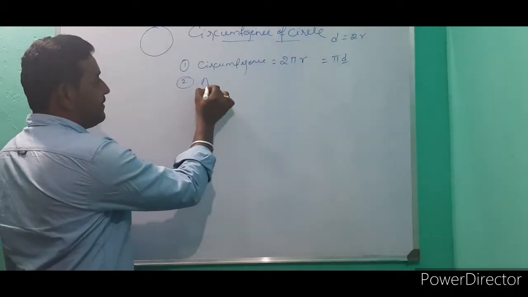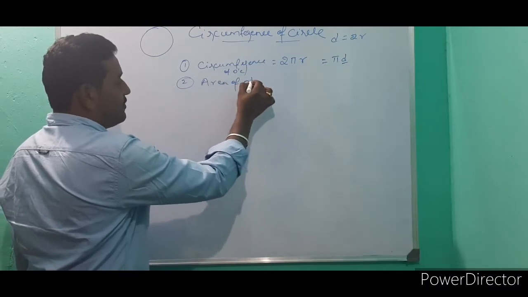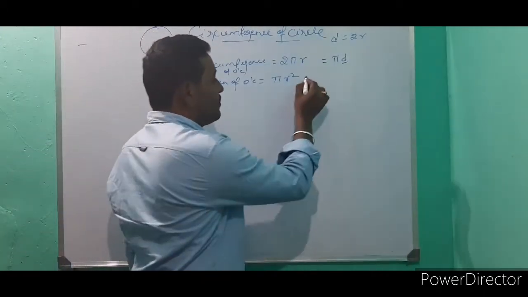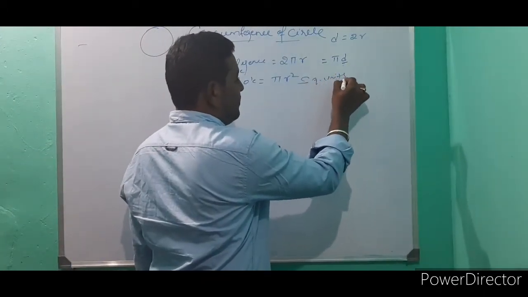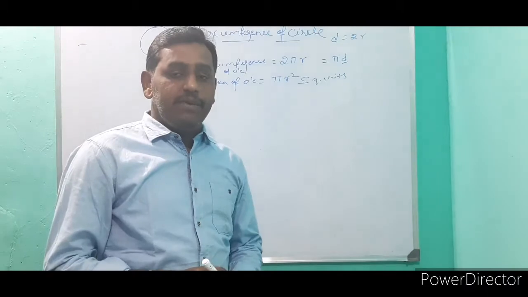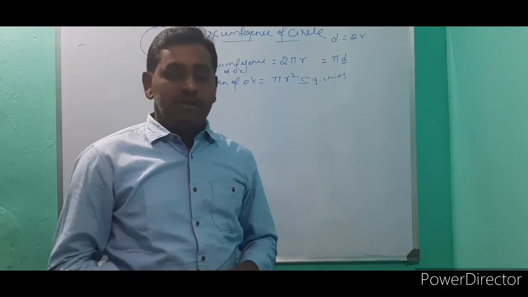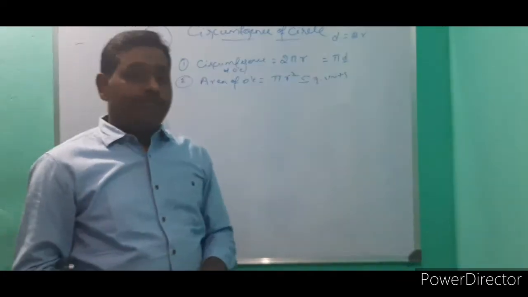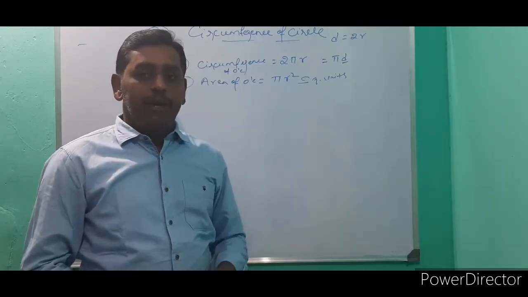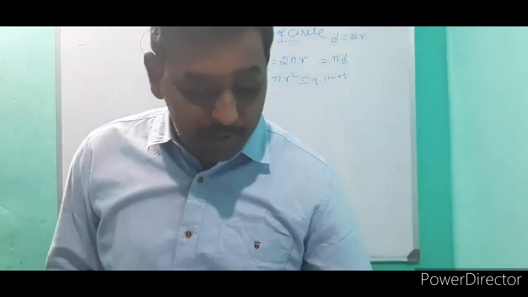If you want to find the area of a circle, it is pi r square, in square units. If meters are given, it is meter square; if centimeters are given, it is centimeter square. These two formulas are very important to solve circumference of circle problems. Circumference is 2 pi r and area of circle is pi r square. Now we will move to the problems part.